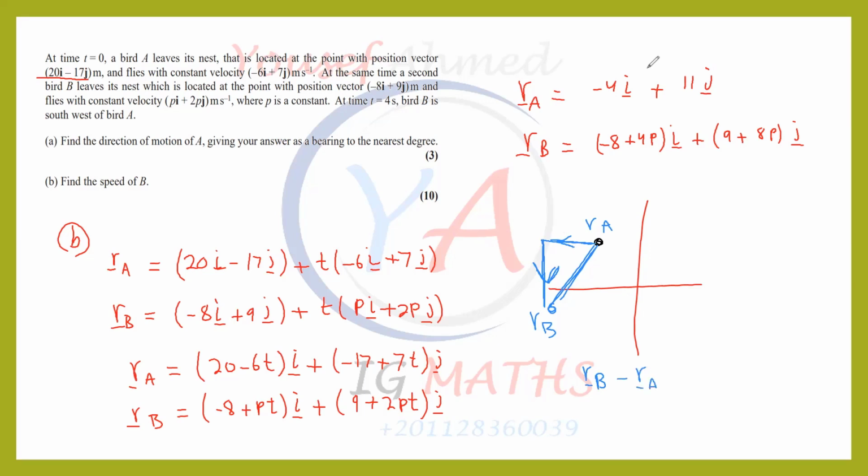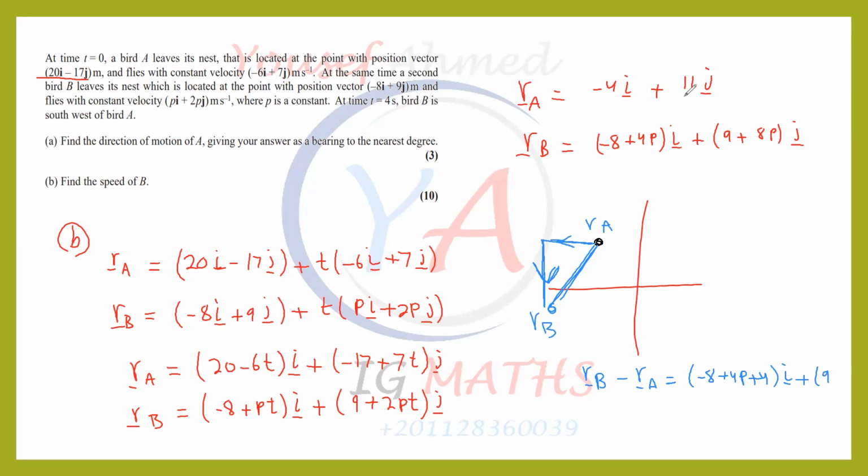As I told you before, we always start with the second one. So it will be negative 8 plus 4p minus negative 4, which is plus 4, in the i direction, added to 9 plus 8p minus 11.